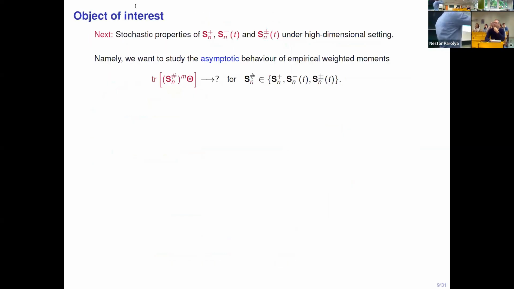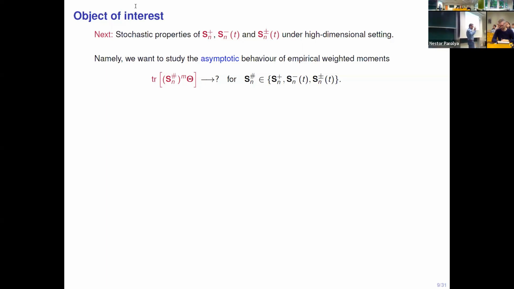All right. So what are we looking at? We are looking at, as I said, specific functionals, but we don't only look at eigenvalues. So these S plus, S minus, S plus minus, I denote by this hashtag. So it's either of the three, right? And I multiply this matrix to the power m.